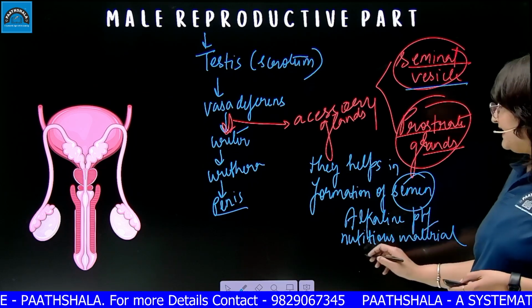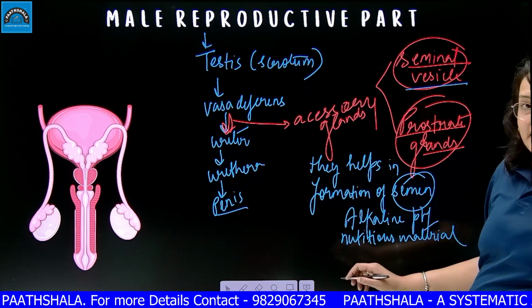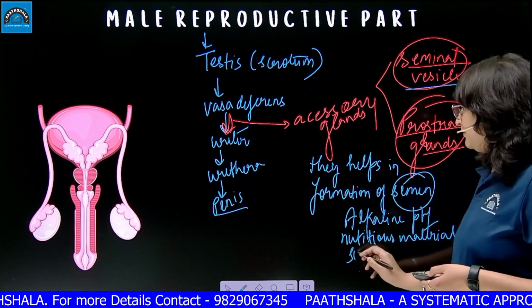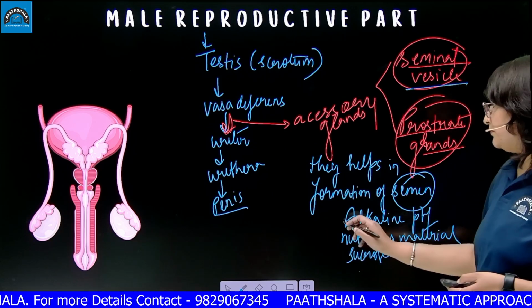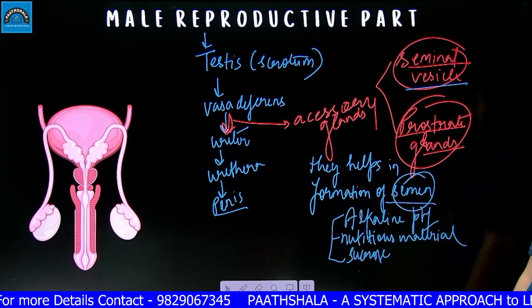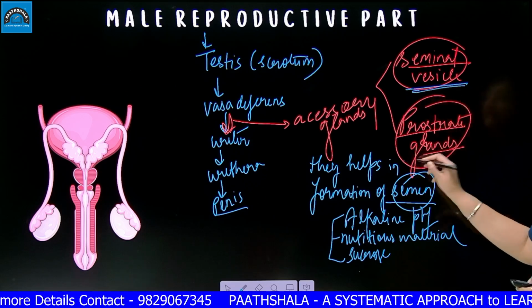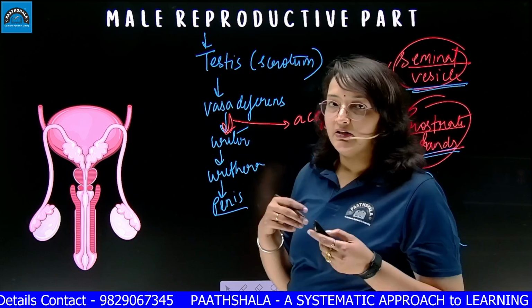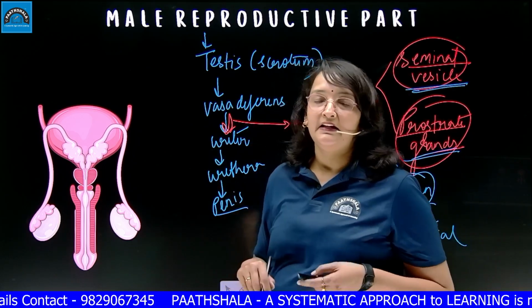This semen is having some nourishing substances which are also providing energy to the sperm, right? Like sucrose. It is also having sucrose. So all these substances are the part of semen, and semen is formed by these two accessory glands which are connected with vasa deferens when the vasa deferens is connected with ureter.